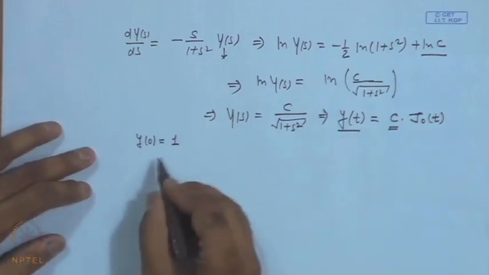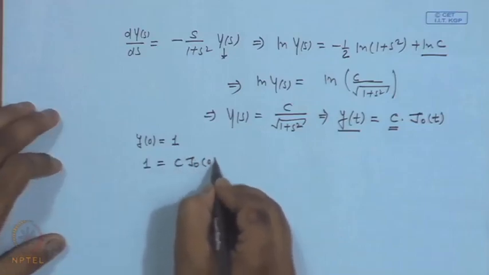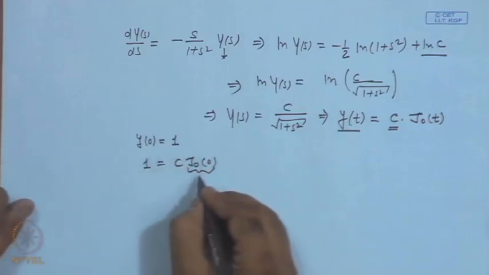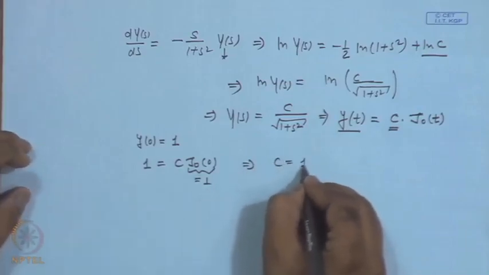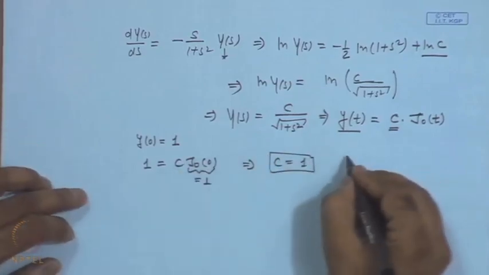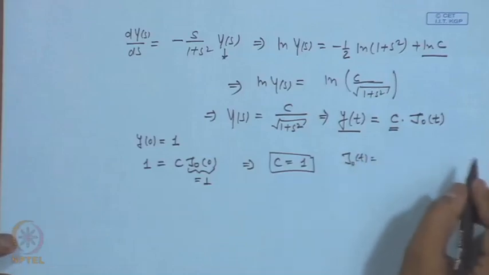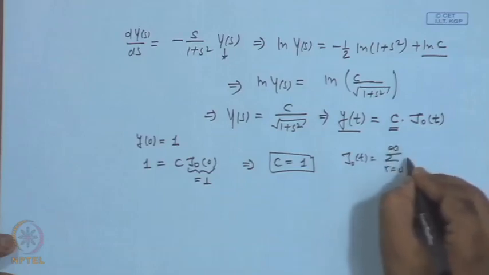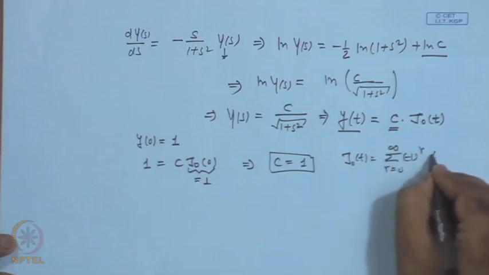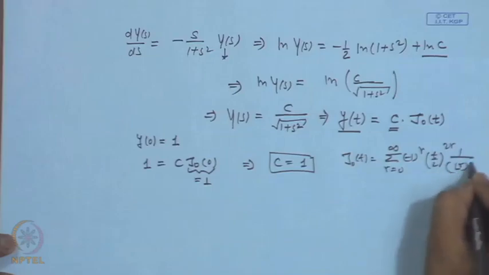So, we have 1 is c times J0(0), and J0(0) we know that is 1, and in this way we get c is equal to 1, because if you remember this J0(t) was just the series sum of minus 1 to the r, (t by 2) to the power 2r, over (r factorial) whole square.